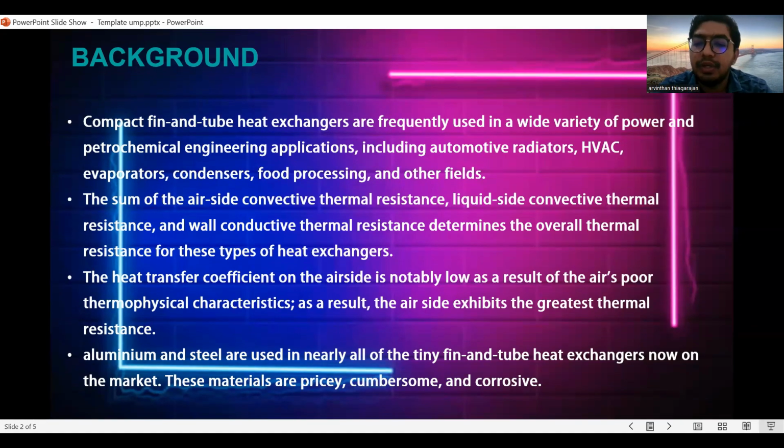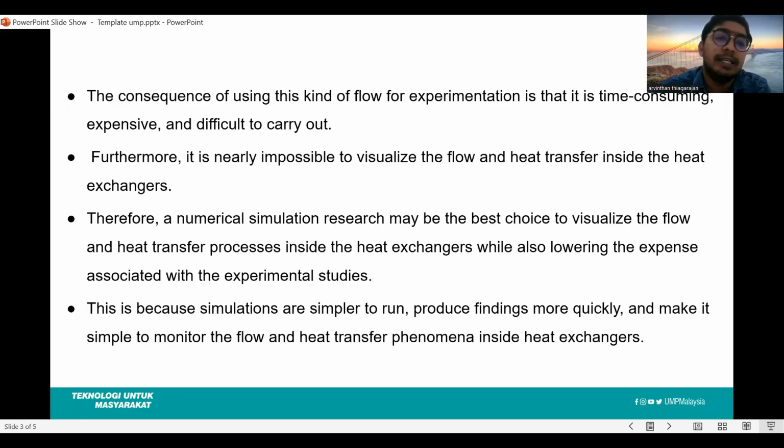Examples of common materials used are aluminum and steel, which are in nearly all of the tiny fin and tube heat exchangers in the market. These are pricey and prone to corrosion. Using this kind of flow for experiments is time consuming and expensive, and it is difficult to carry out the experiments to obtain the data. Furthermore, it is nearly impossible to visualize the flow and heat transfer inside the exchanger.